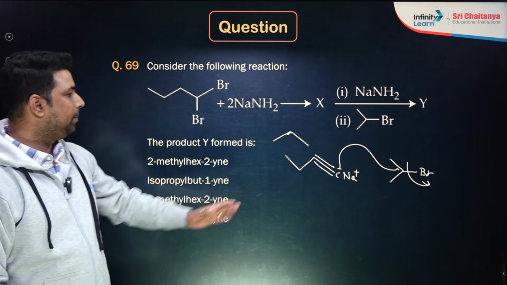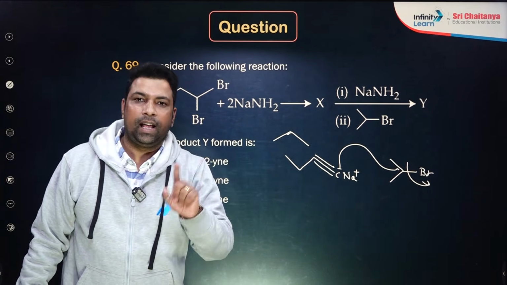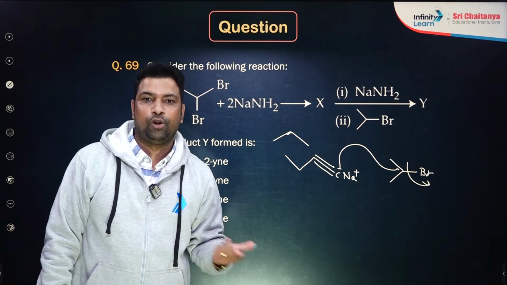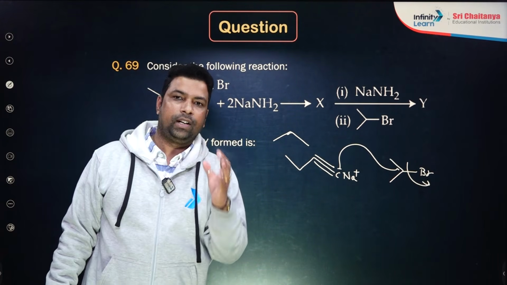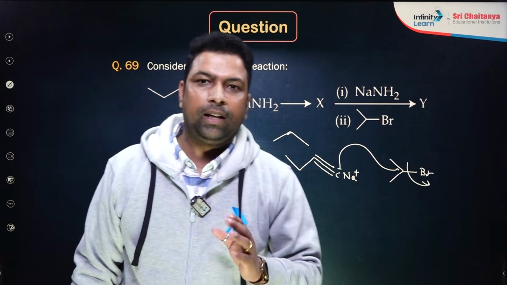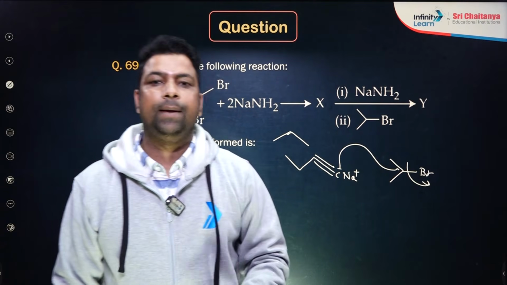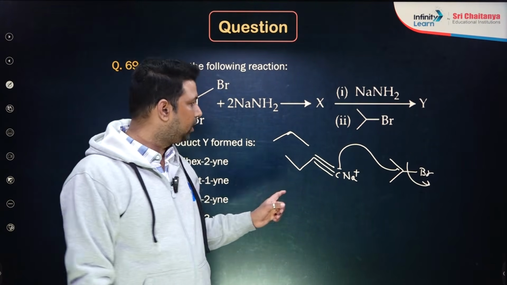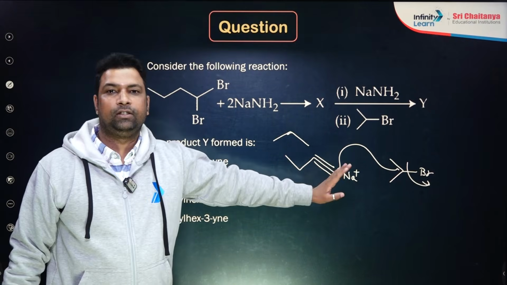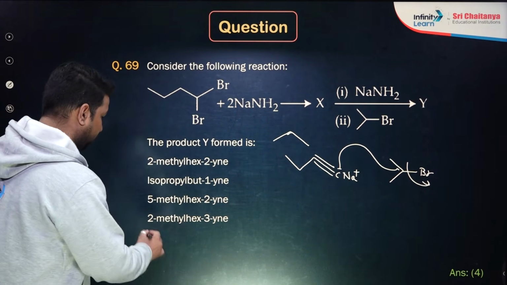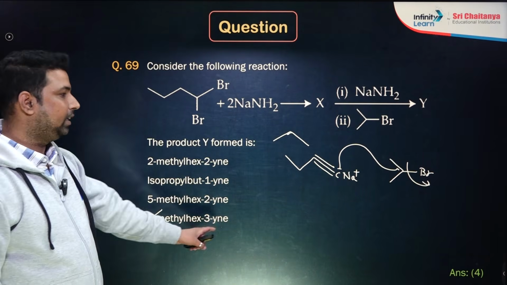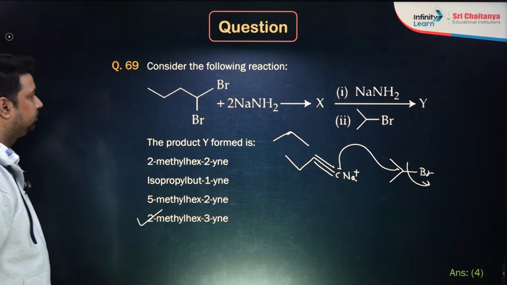So it is basically the method by which the terminal alkyne can be converted to non-terminal alkyne. It is not a reaction, it is a procedure for how we can protect our alkyne. Terminal alkyne has acidic hydrogen. Sometimes we require to make it non-terminal, and this is the way. Actually the concept was asked by the examiner. So fourth will be your right answer. 2-methyl hex-3-yne will be the final product.